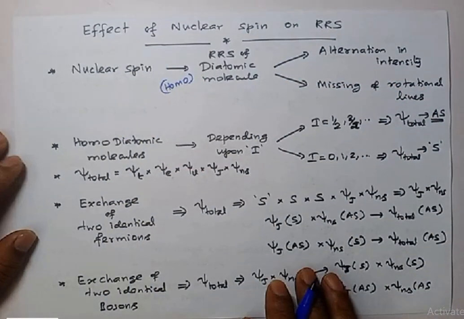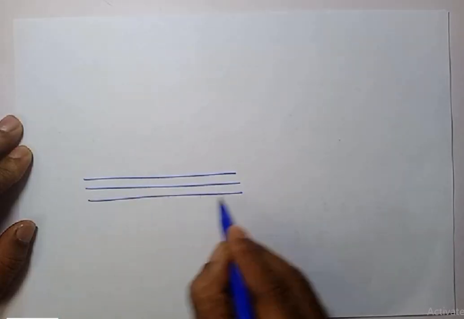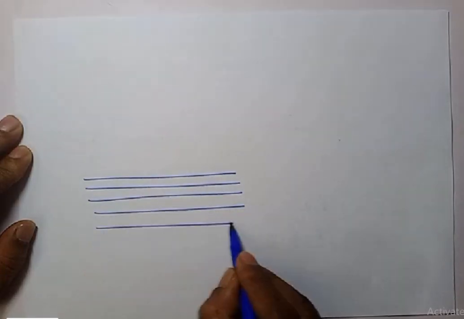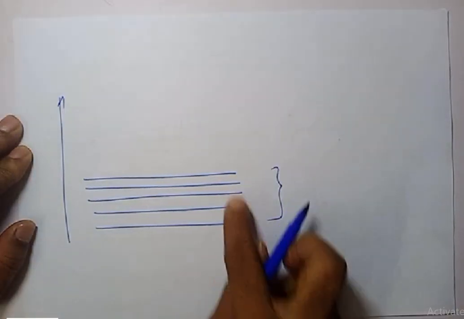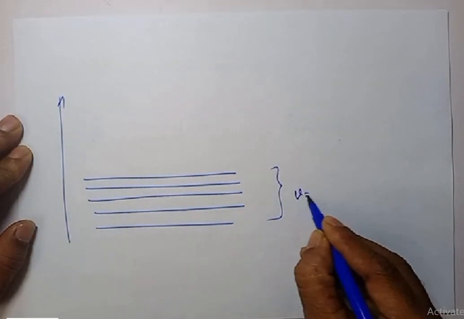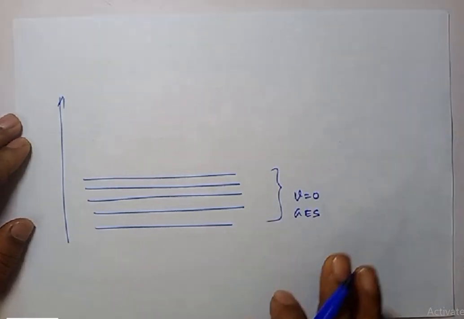See, in the rotational Raman spectrum, I have told you, there are many rotational levels in the ground electronic state. These are all rotational states available in the ground vibrational state of the ground electronic state. Observe carefully.